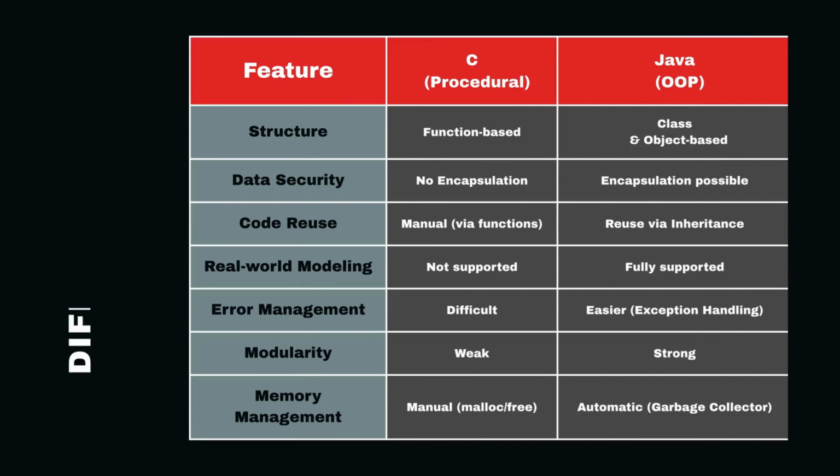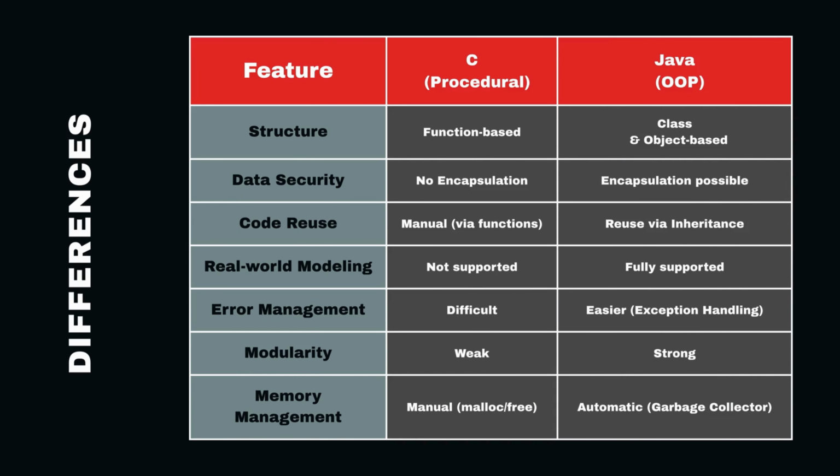The next concept is the differences between C, the procedural language, and Java, the OOPS language. These are the parameters we have: structure and data security, code reuse, and real-world modeling. Error management is done with exception handling in Java.